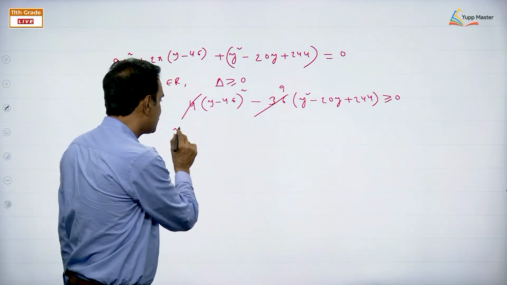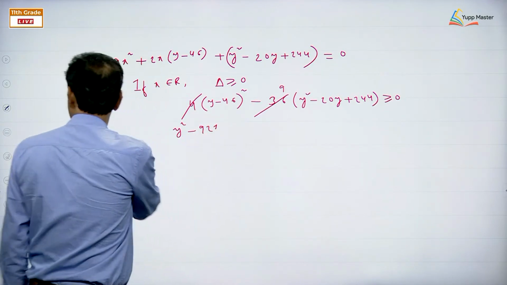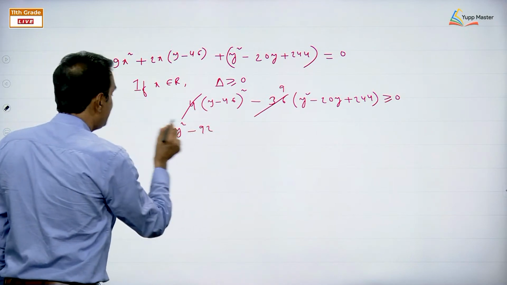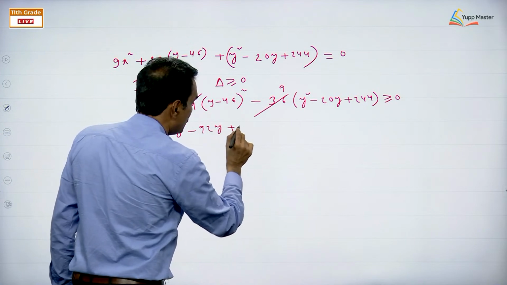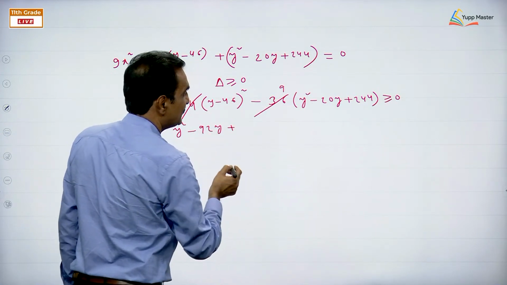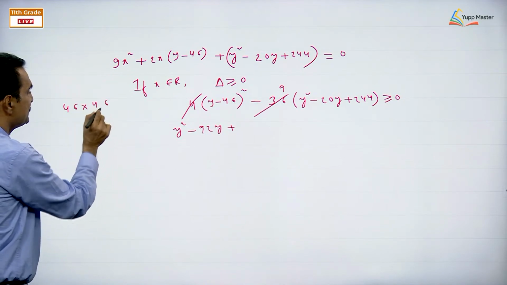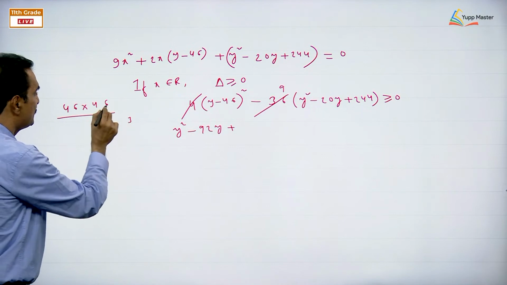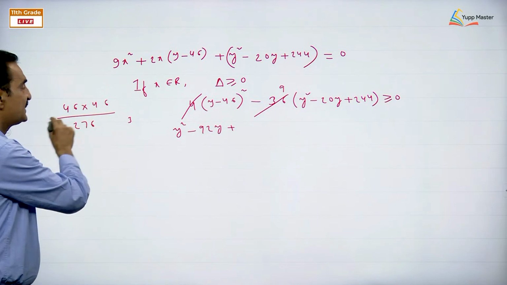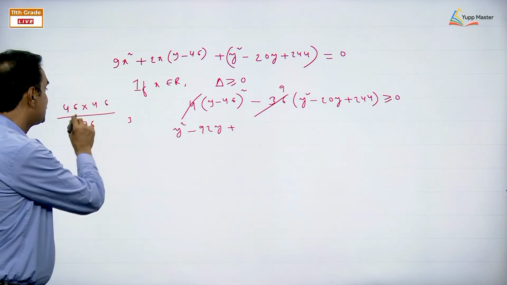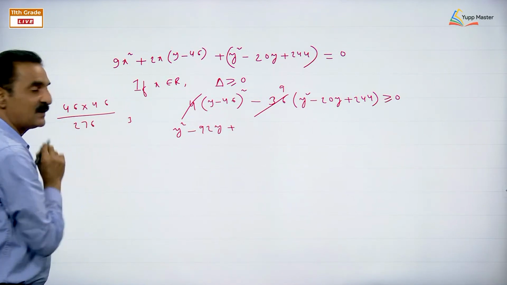Y minus 46 whole square is y square minus 92y plus 46 square. 46 into 46: 6 into 46 is 6 6s are 36, 3, 6 4s are 24, 24 plus 3 is 27.